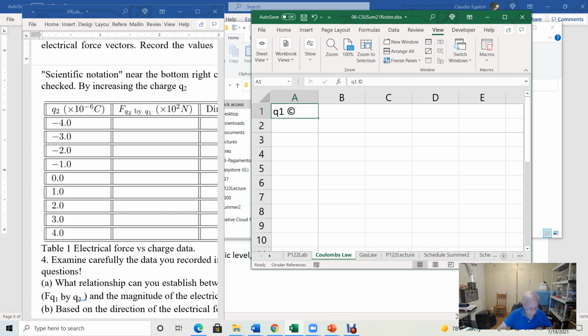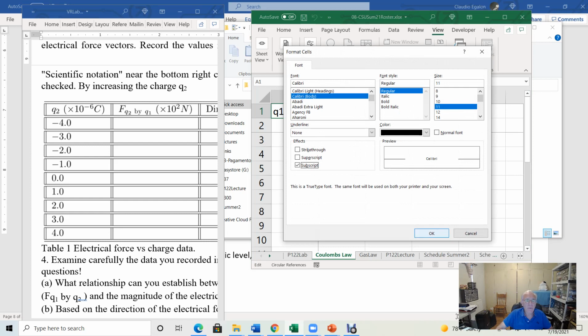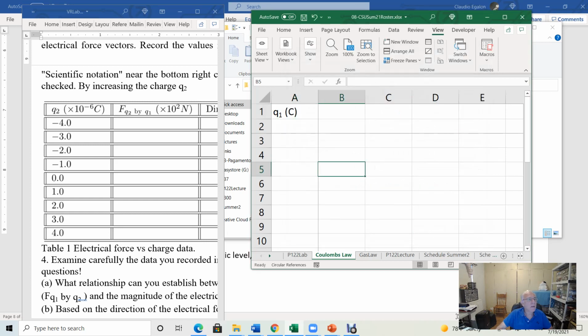Oh, I hate that. Q1. Here you go, good. Between parentheses. Go ahead. Format cell, subscript, okay? And then I'm going to create another column with Q2.